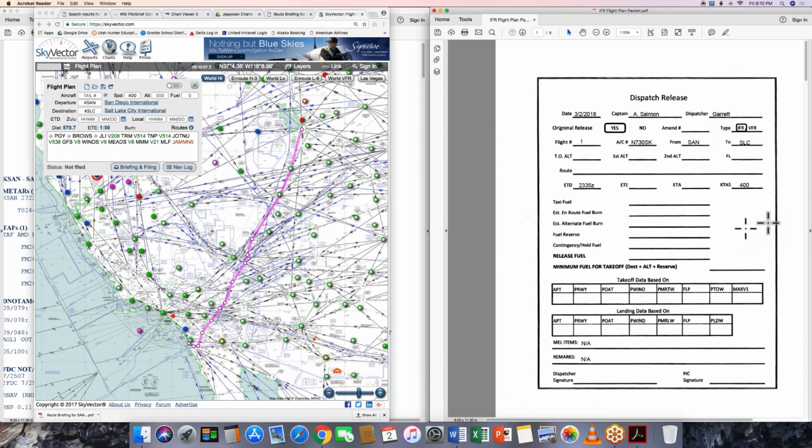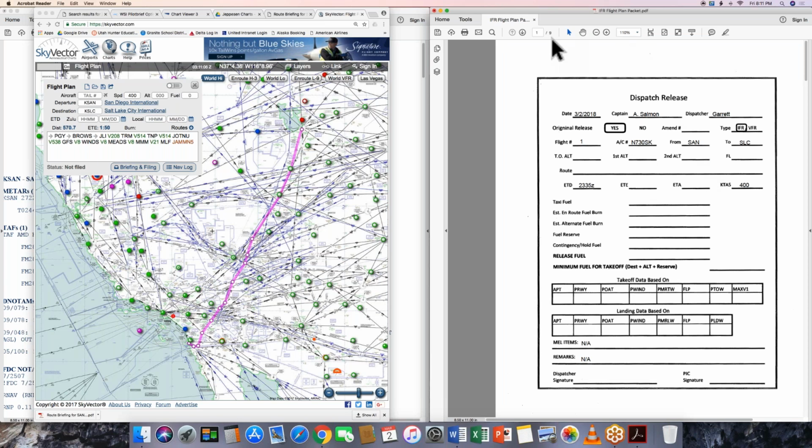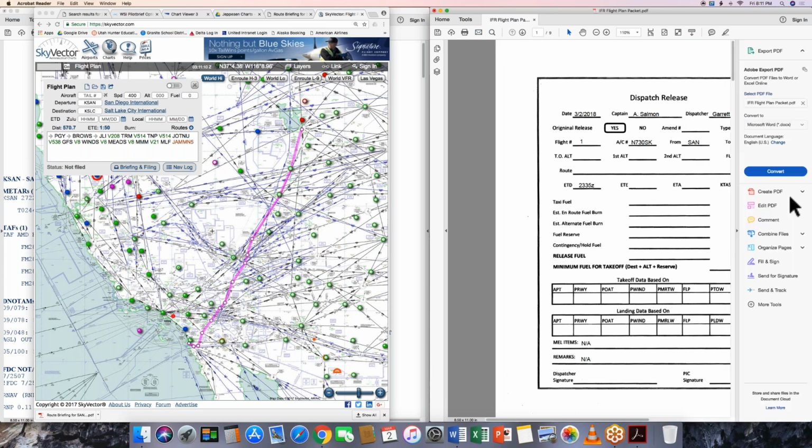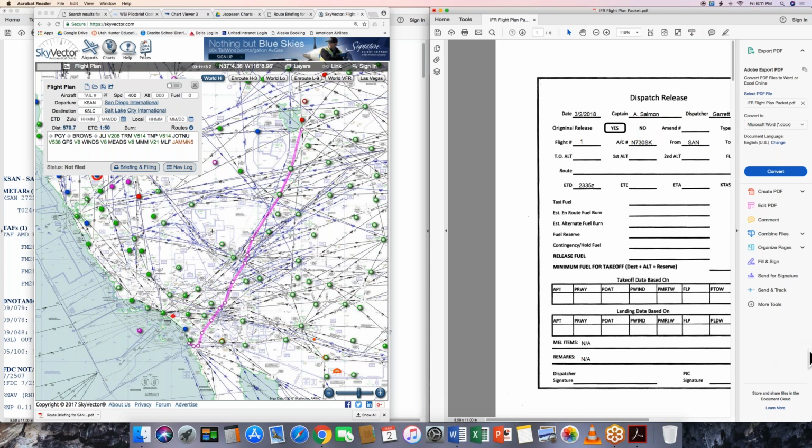I think what's happening, Garrett, is when you're sizing that sheet, it's sizing the entire document, which is really weird. So in other words, you size that page, it resizes the other one you sized. I wish there was a way to lock it in place.